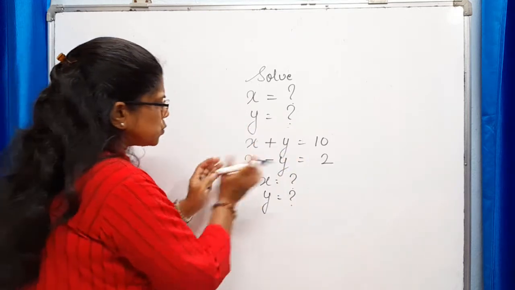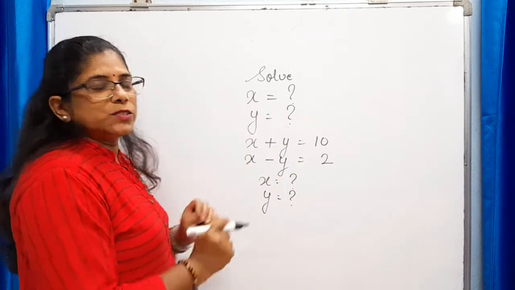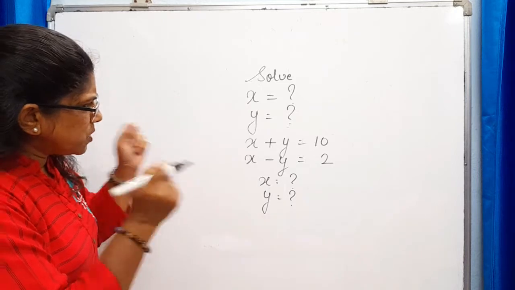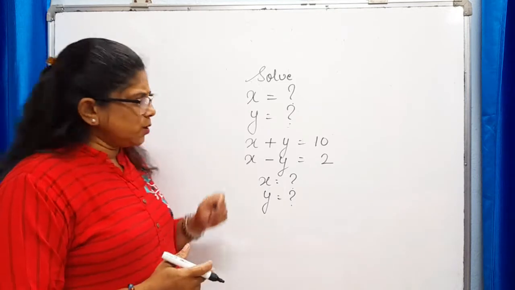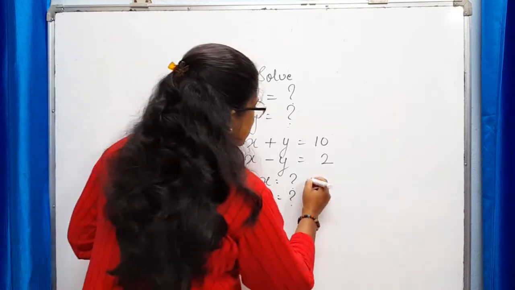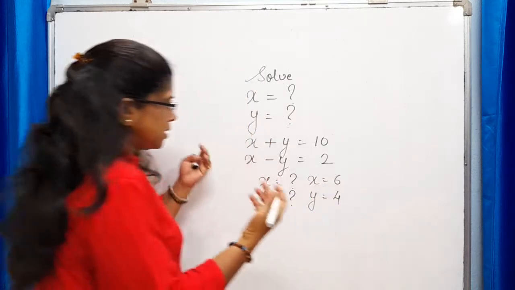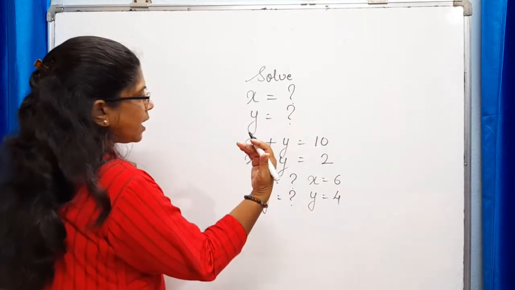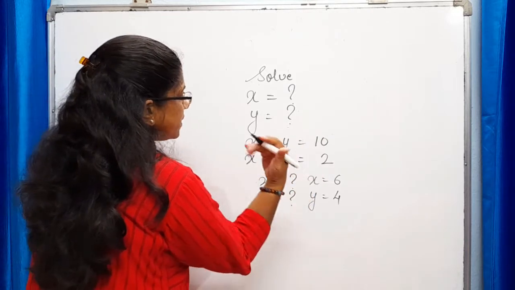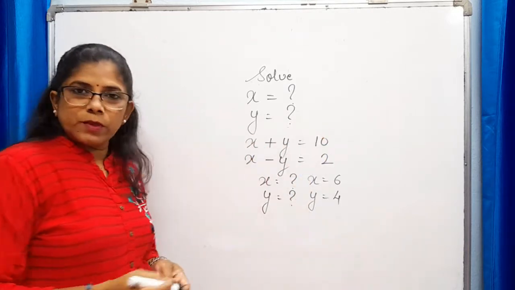Now these two are quite simple equations. Only by observing them, easily you can say x is 6 and y is 4. 6 plus 4 is 10 and x minus y, that is 6 minus 4, is 2.